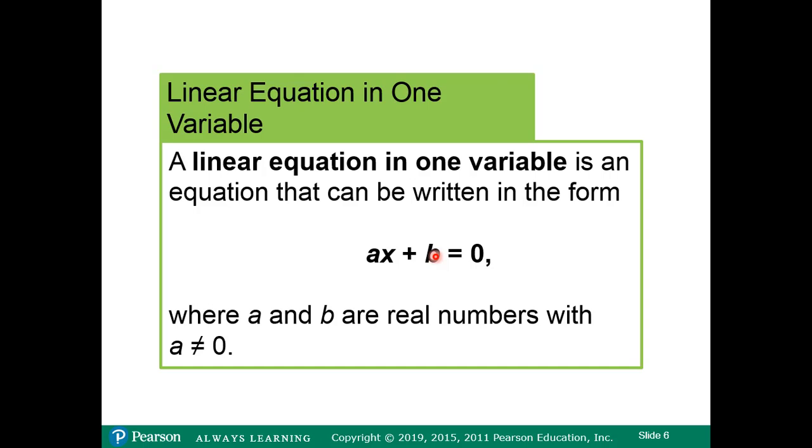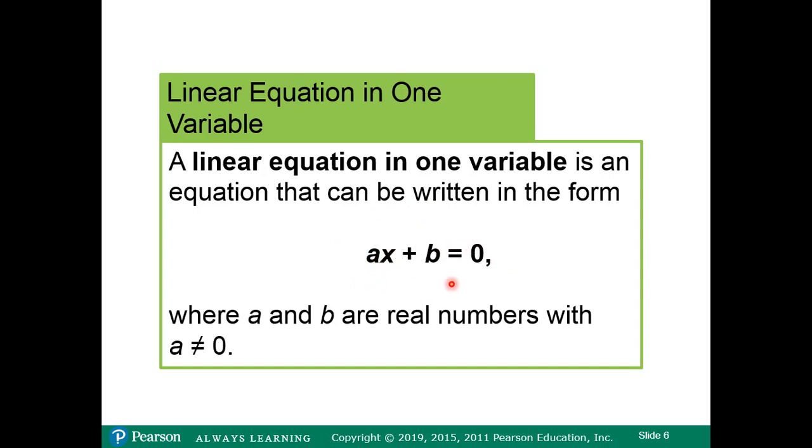Linear equations in one variable. What does that mean? It means that we only have one variable in the equation. The equations that we've seen so far are all examples of a linear equation in one variable. This is the general form: ax plus b equals 0.